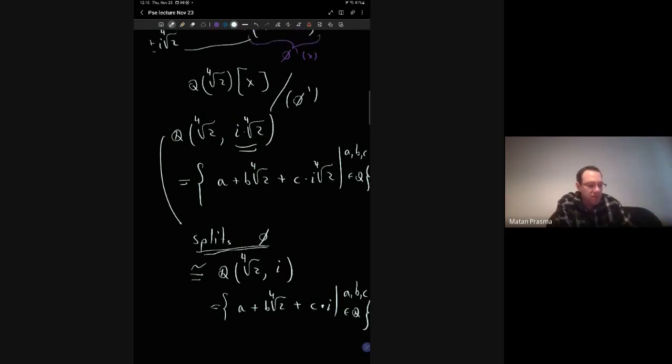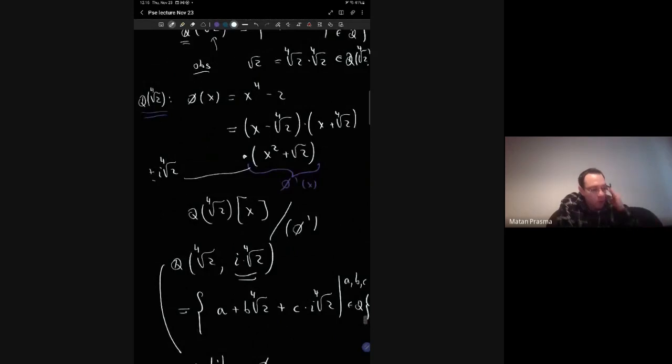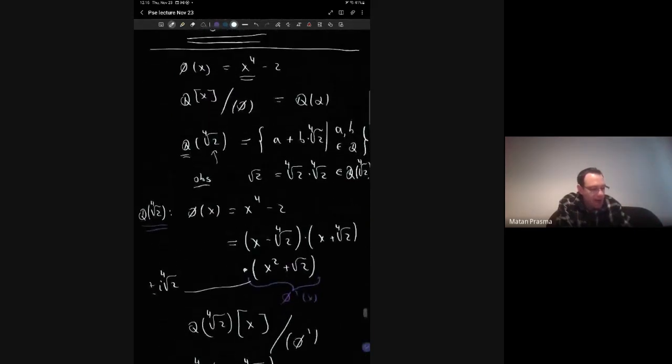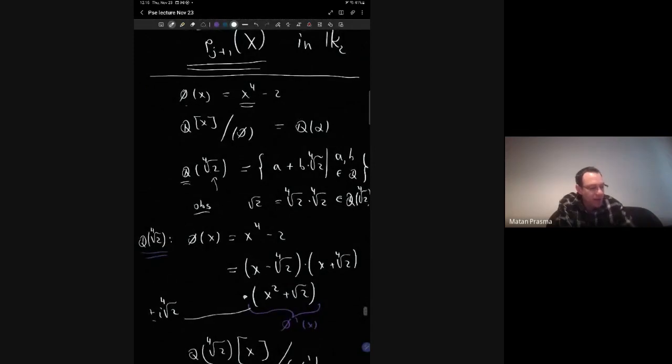Because if you think of it, of course, I took a phi in Q of X, I modded out, I added some abstract element alpha that is a root of this polynomial. Is this alpha fourth root of 2, or is it I times fourth root of 2?